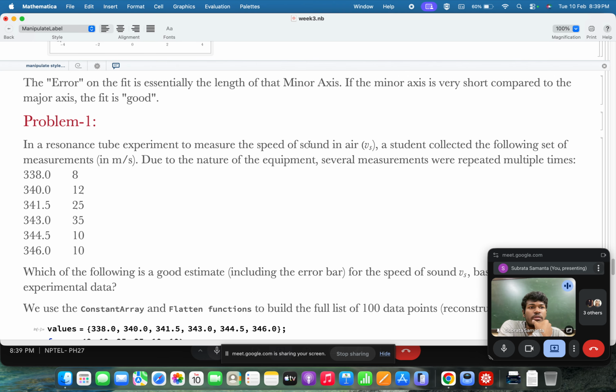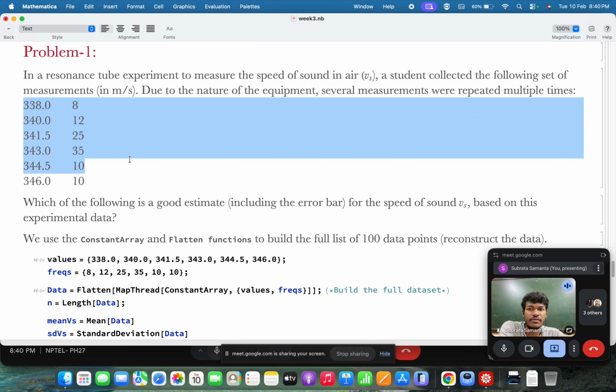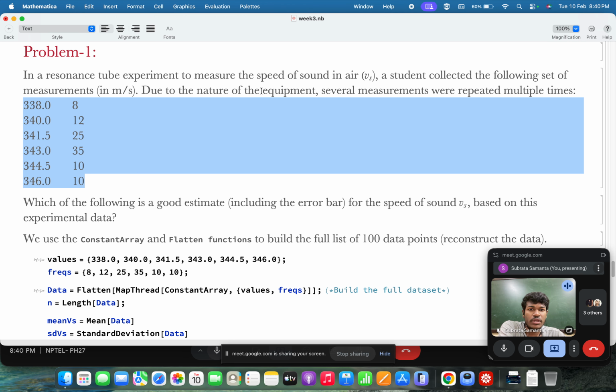Now, we solve some problems and then I will stop today. Let us say I have a resonance tube experiment to measure the speed of sound, and a student collected the following set of measurements in meters per second. Due to the nature of the equipment, several measurements were repeated multiple times.